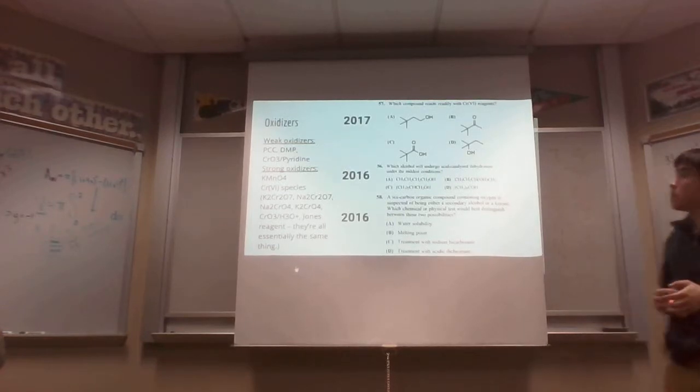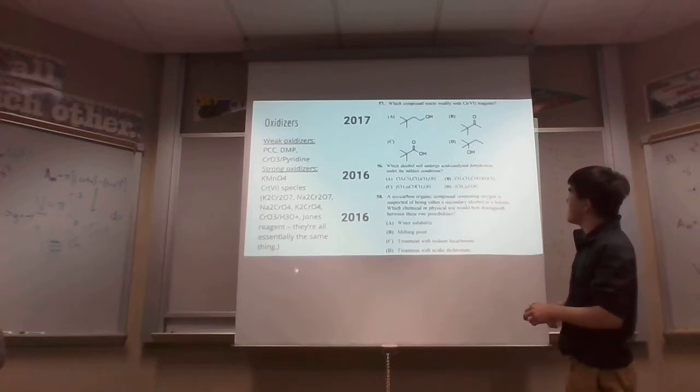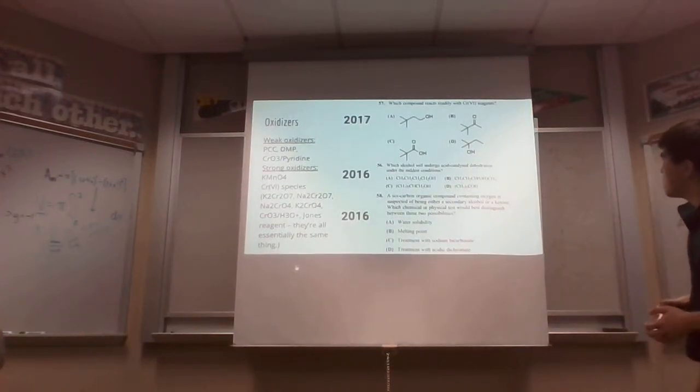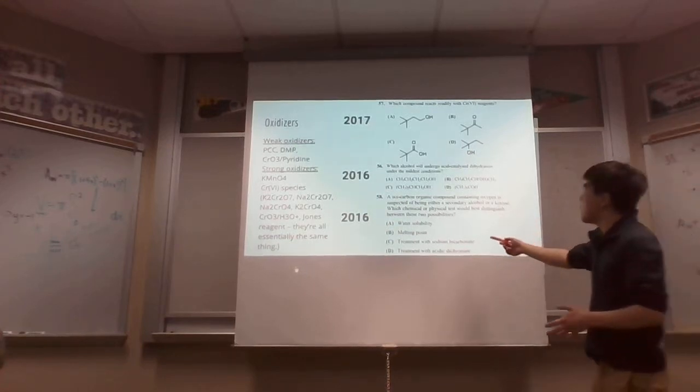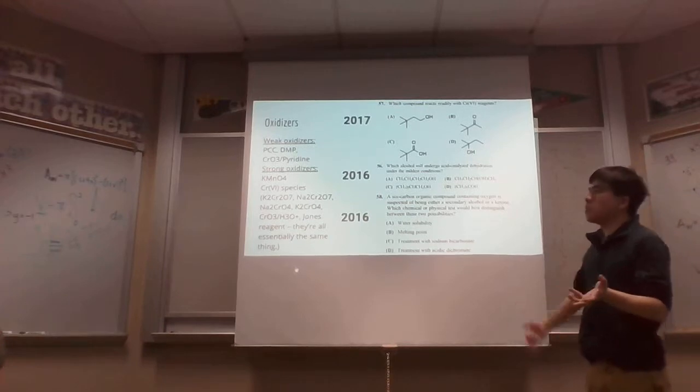Then it's 58. Okay. I know B is a ketone. So this is testing your knowledge of oxidation. How do you determine something's a secondary alcohol versus a ketone?